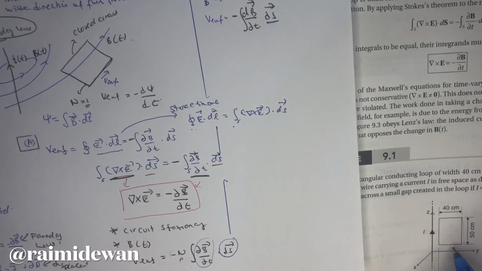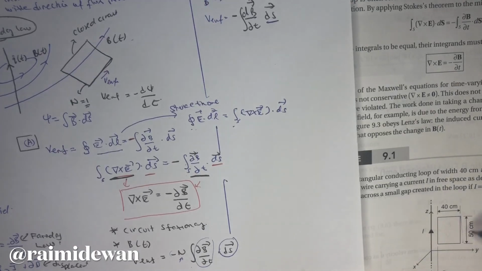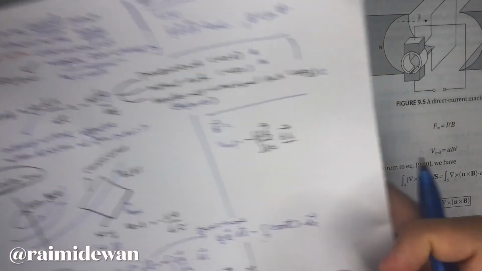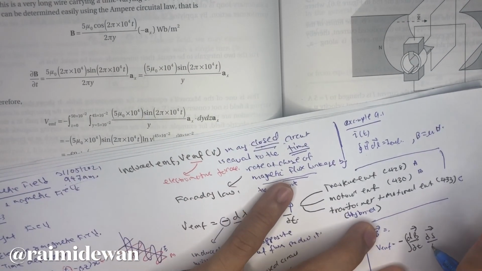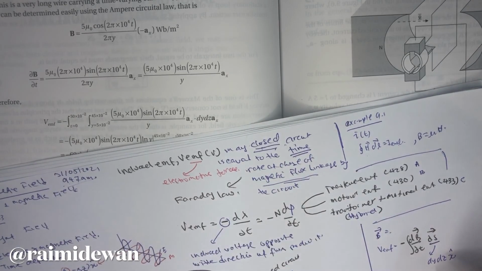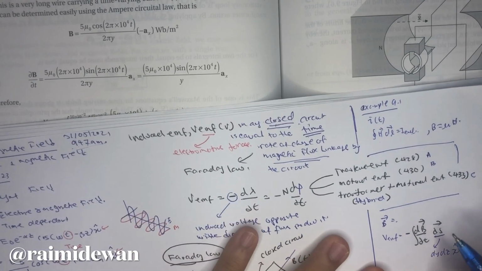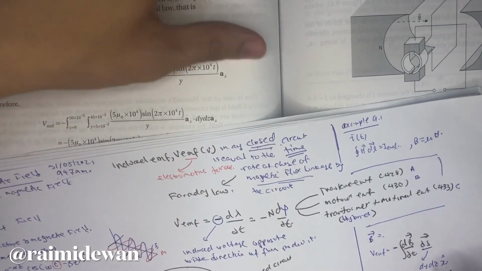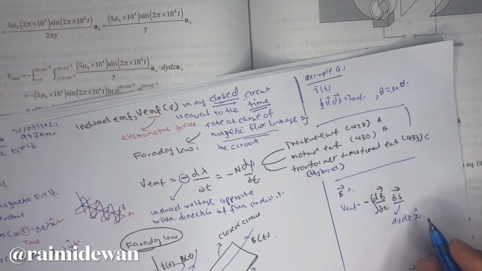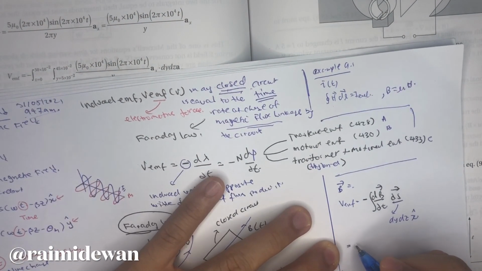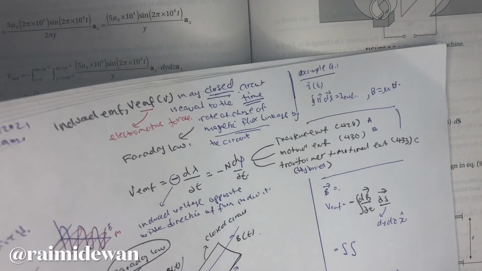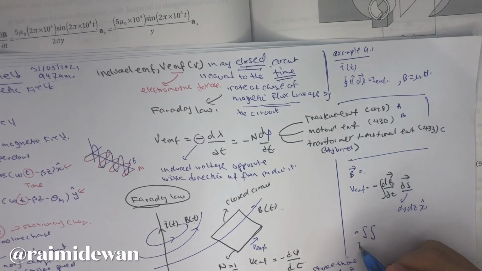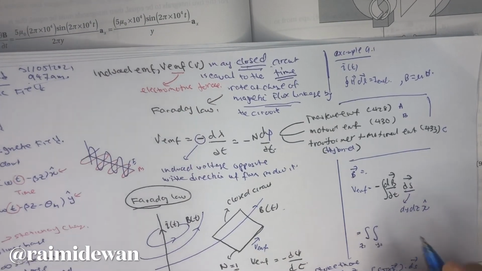So the surface you choose is dy dz, and the normal to this surface is your x unit vector. Then you settle for your VEMF, because it is a surface integral, so you will have two integral limits, your z and your y.